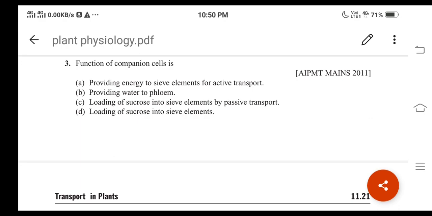The main function of companion cells is that during food translocation, they load the sucrose into the sieve elements. So option D is the correct answer.